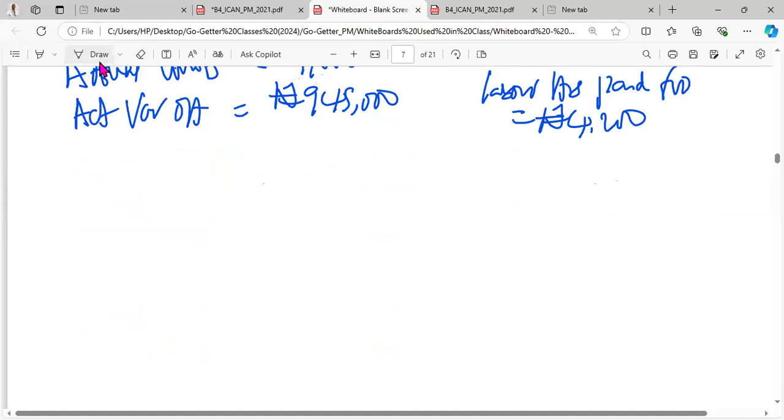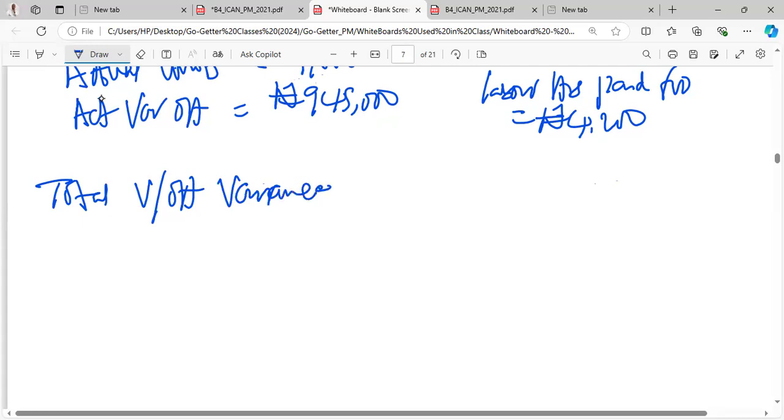So let's look at the total variable overhead variance. It is standard hours, standard rate, actual hours, actual rates.